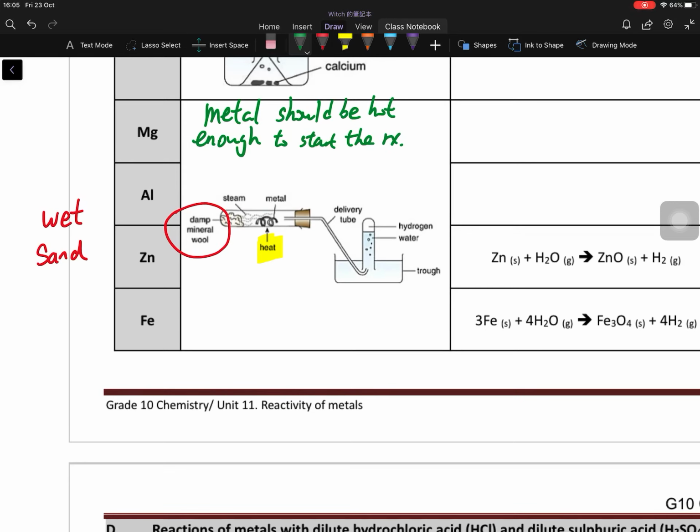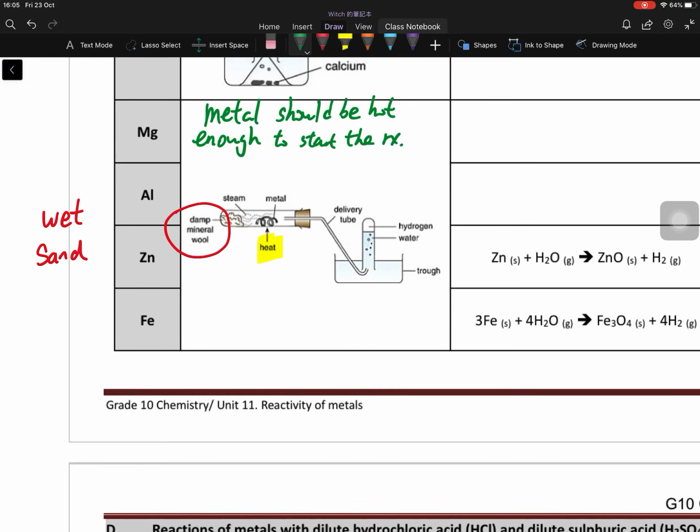So if your Bunsen burner is placed under the mineral wool instead of the metal, then the metal may not be hot enough to start the reaction, and the steam will just pass through the metal without anything formed. So make sure of that.